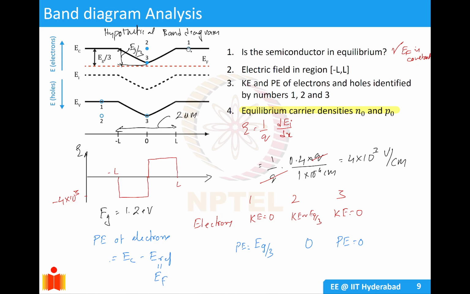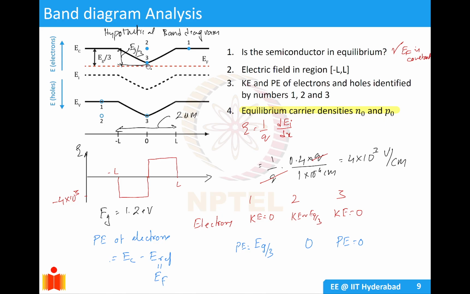So at point 1, your kinetic energy will be zero because the point is on the band. At point 2, your kinetic energy will be this gap, which is Eg by 3, and your potential energy is given by EC minus EF, which is almost zero.